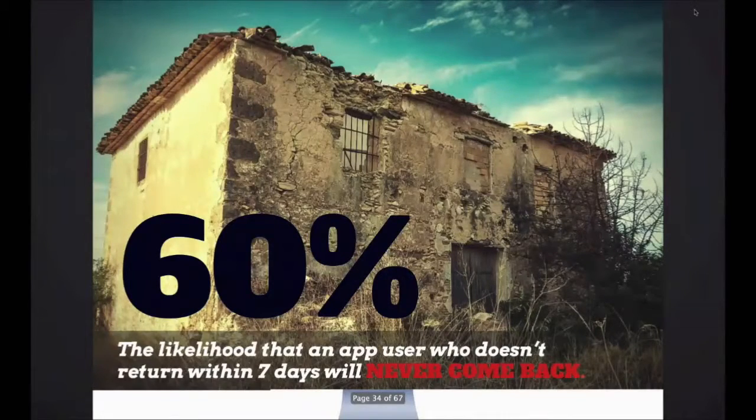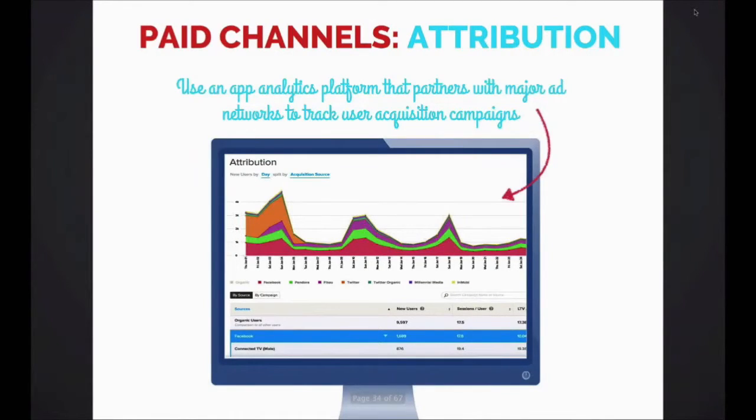Furthermore, in the area of scary statistics that we see, is the likelihood, 60%, that's the likelihood that an app user who doesn't return within 7 days, that they're never going to come back. Right? So if you don't get them engaged right out of the gate and understand which users are engaged and what's working, you're in danger of, in a paid sense, wasting your money, and in an organic sense, missing an opportunity.